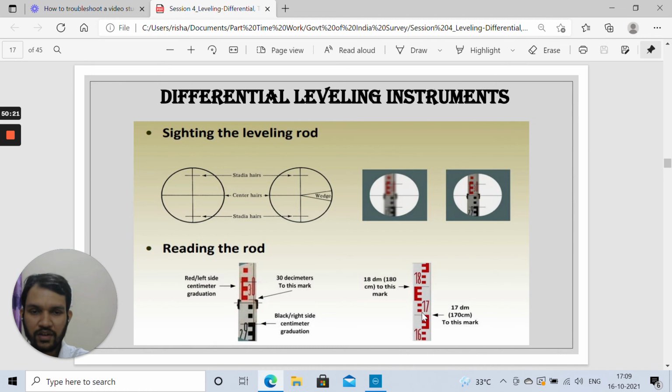In between this, every white color that you are seeing is of 0.01 meter, meaning if this is 1.7, when you go up by this white mark, it will reach 1.71, then 1.72 for red, 1.73 again for white, 1.74 for red, and then 1.75 for this white.